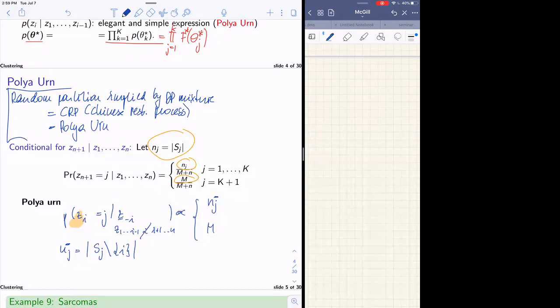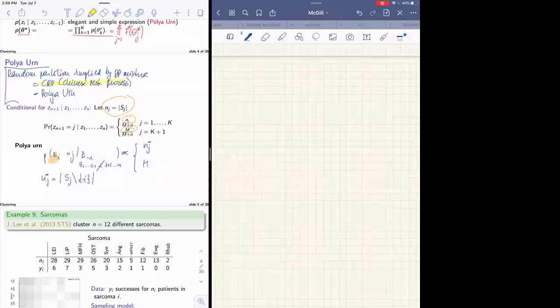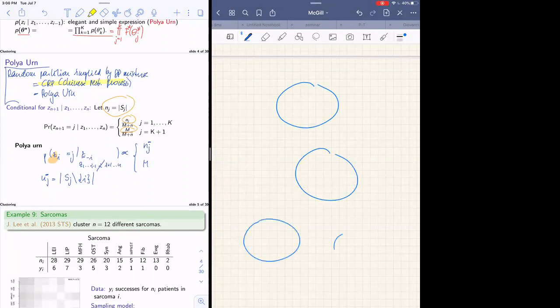When you call it that, the metaphor of the Chinese restaurant process comes from the following picture, and that's a perfect way to finish our discussion today. So exactly the same probability model for the random partition, but now without any reference to random distributions. Here's a Chinese restaurant. It's always drawn with round tables.